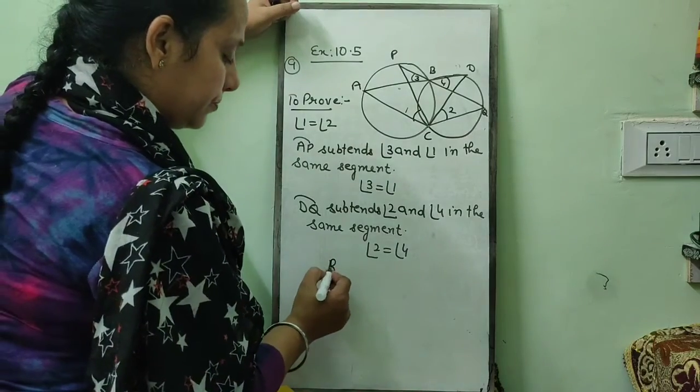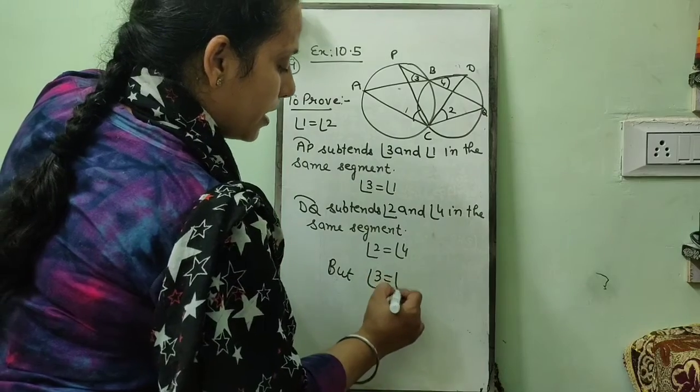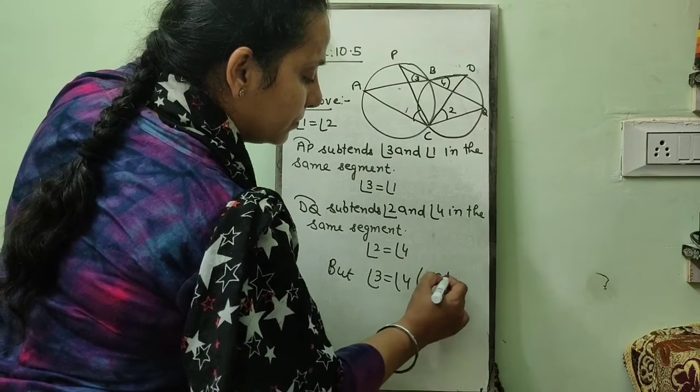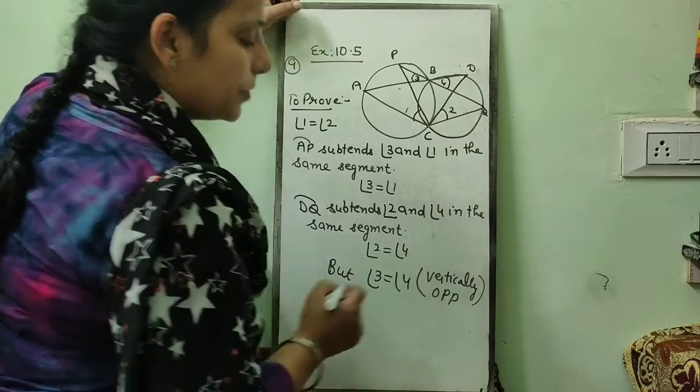But angles 3 and 4 are equal because these are vertically opposite angles.